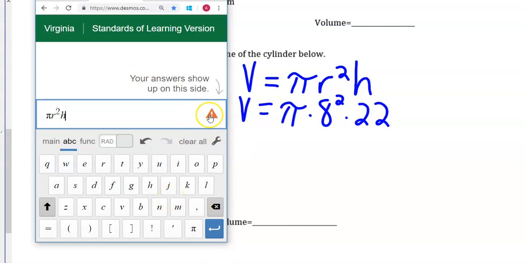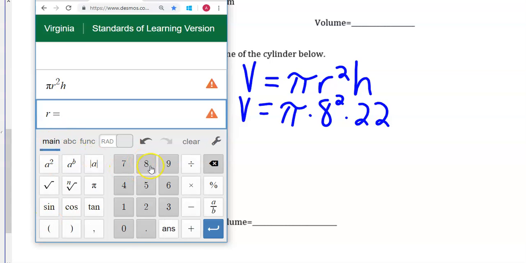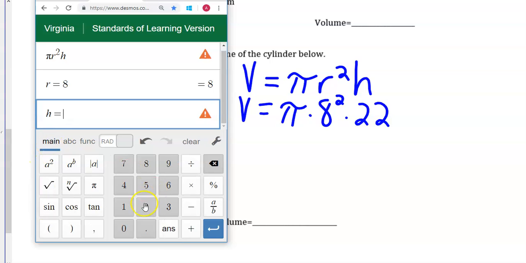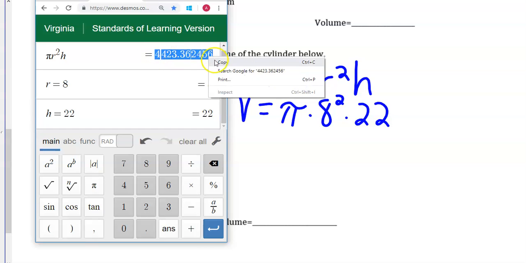And again, Desmos says, too many variables, I don't know what r or h are yet, so I can't define this. So I'm going to go to my next line, and I'm going to tell it that r is equal to 8, and I'm also going to tell it that the height, h, is equal to 22. And when I do that, I get my answer, which is right here.